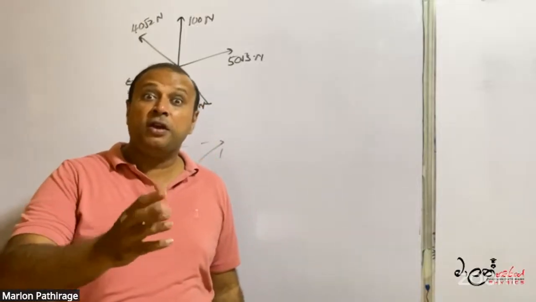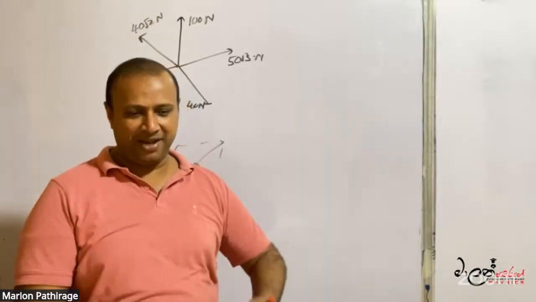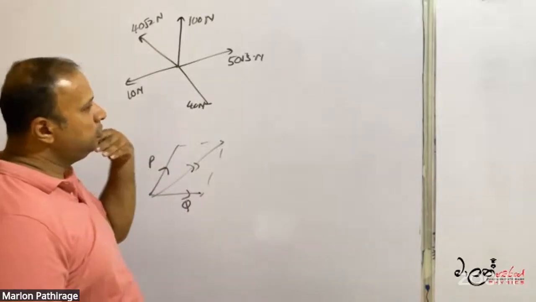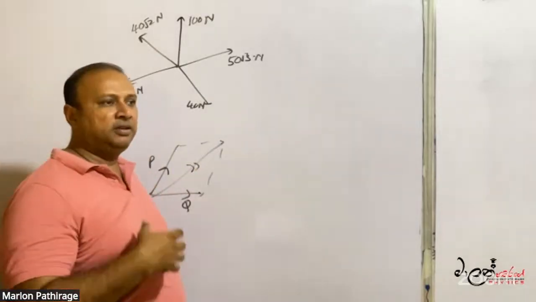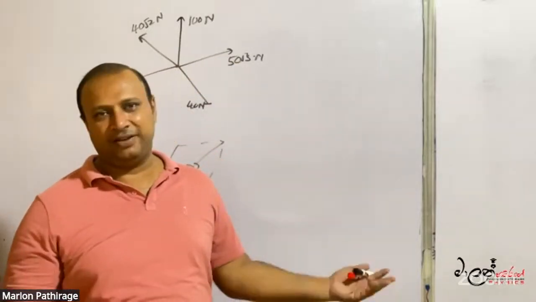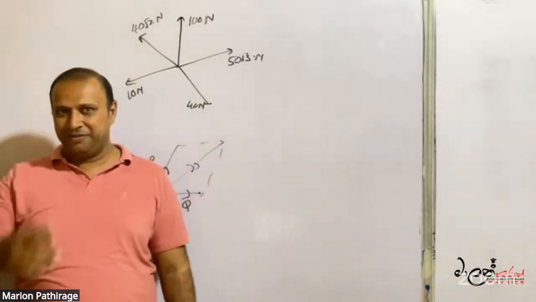But if you are given more than two vectors, how do you do that? Sometimes you may be given 10 vectors, 20 vectors, 15 vectors, any number of vectors. Then how do you do that? Can anyone give me a proposal?